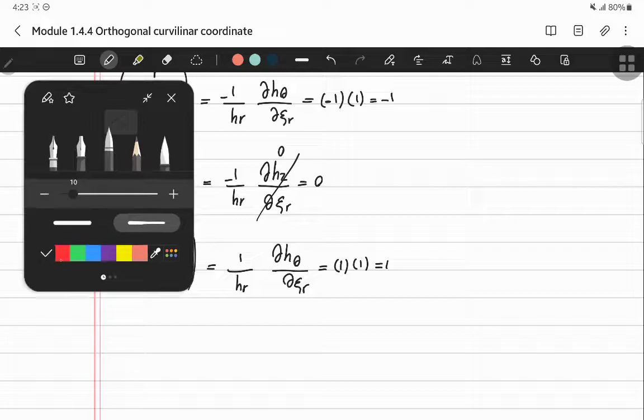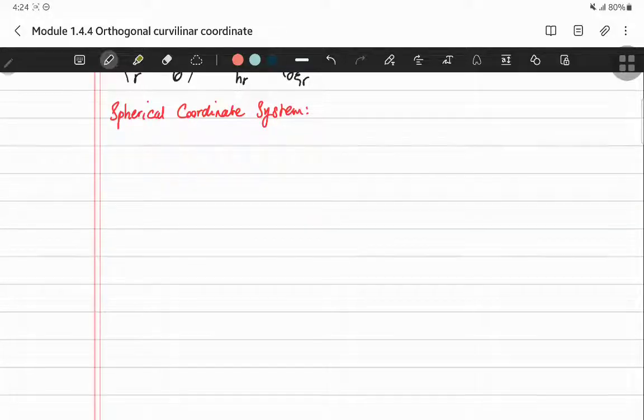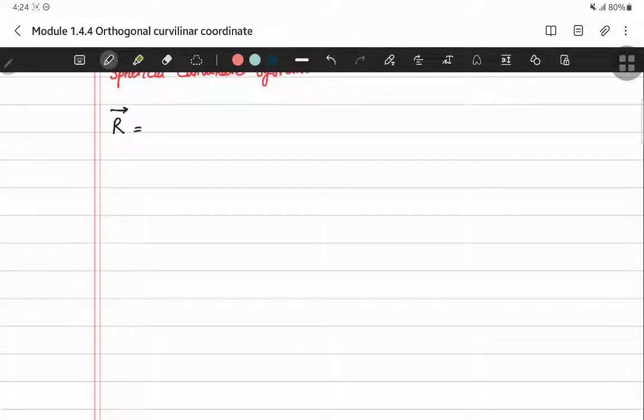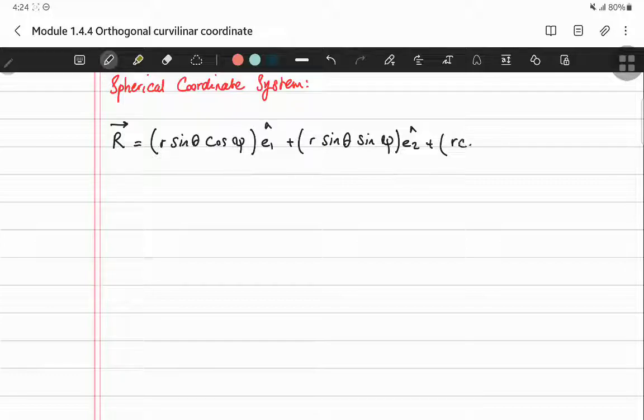So if you move to the spherical coordinate system, you know that r is nothing but r sine theta cosine psi e1 plus r sine theta sine psi e2 plus r cosine theta e3.